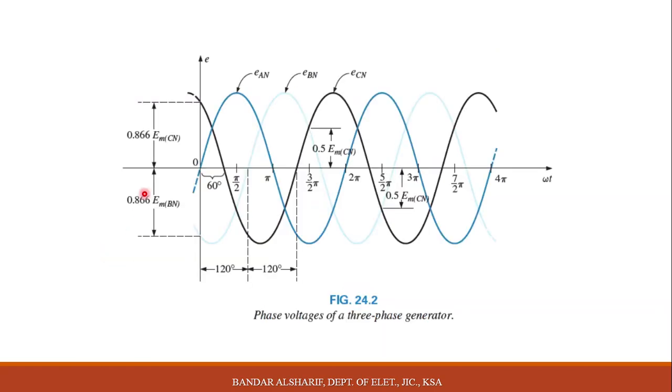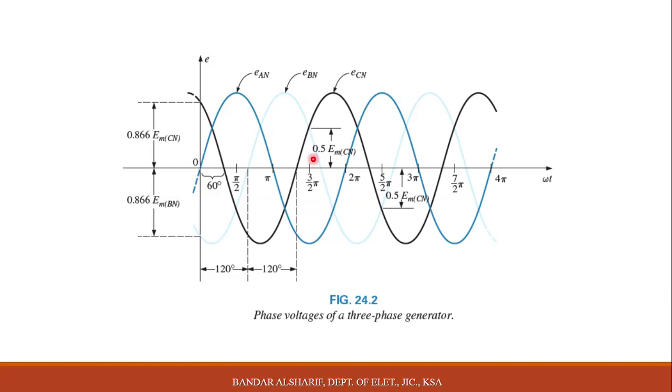I will show here. See here, the RMS value. If you have the peak value, any peak, you will multiply by 0.707, you will get the RMS value for each phase.